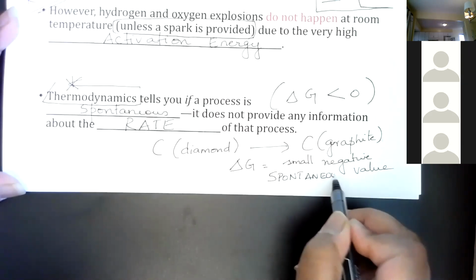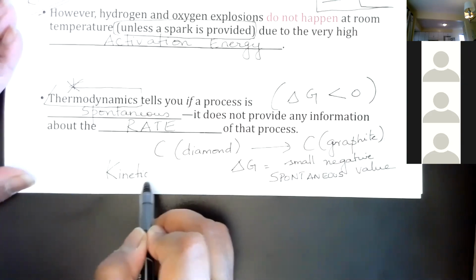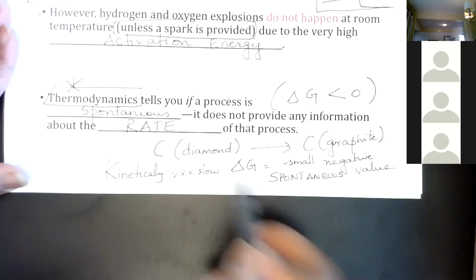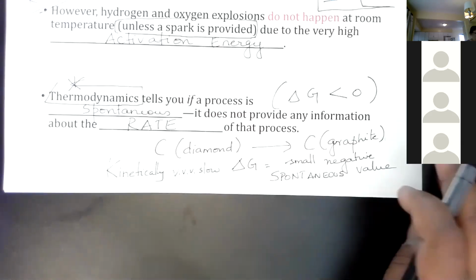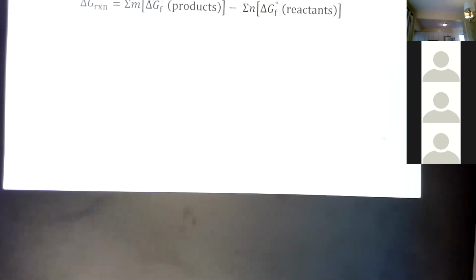But what's the problem here, which is good for us? Kinetically, it is very slow. See that? Sorry, this pen is not the best. Okay. So we have to look at both kinetics and thermodynamics.